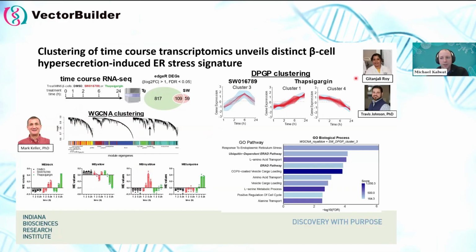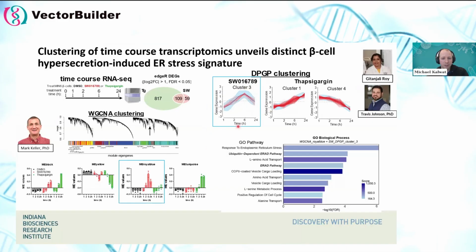And at the same time, we collaborated with Travis Johnson here at IU and IBRI to apply this clustering algorithm called DPGP, which looks at the expression patterns of your genes and clusters them based on these patterns. In both of these clustering algorithms, we found a similar looking pattern, but the Royal Blue cluster and this SW cluster 3 didn't have the exact same genes on their list.